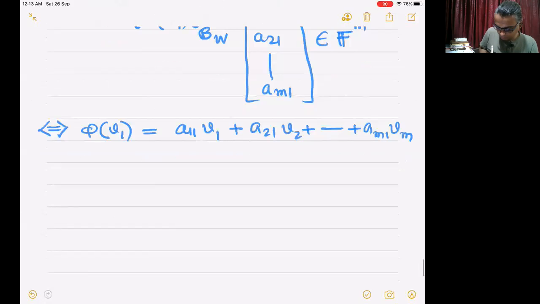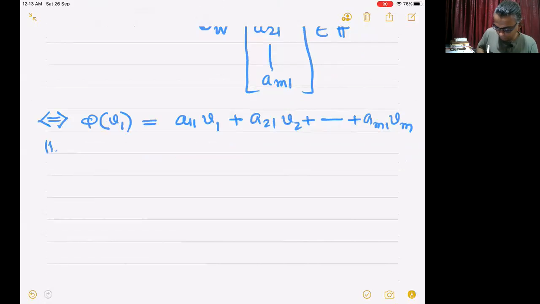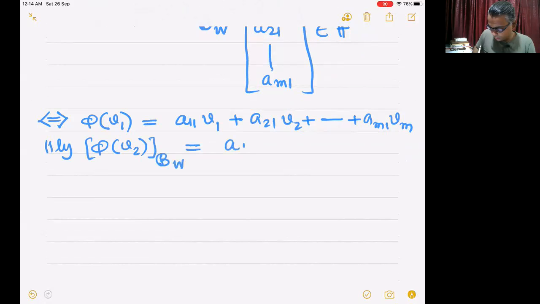Similarly, suppose phi's action on V2 has representation in BW given by the column vector A12, A22, up to Am2.